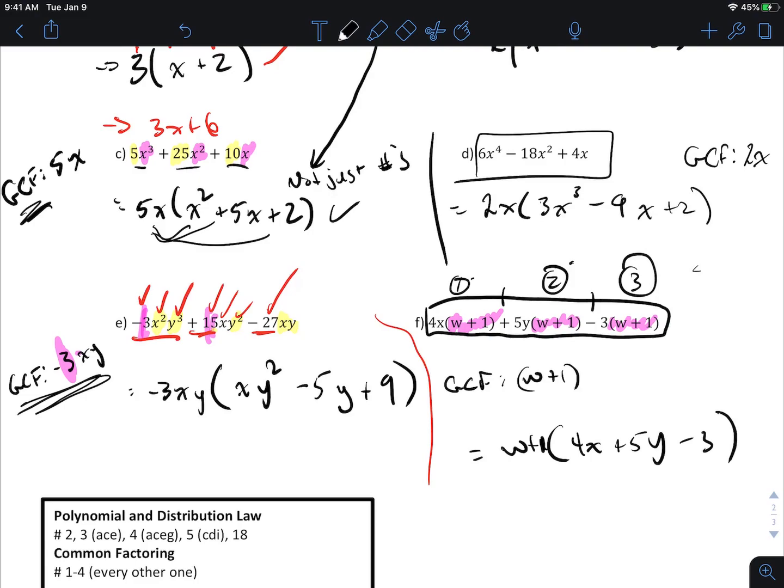But if you put W plus 1 back in, wouldn't it not work the way that we've been taught? What, like this? No, like, if you multiplied it back through to check your answer. What, individually? Like this? We could do that if you wanted. But wouldn't you end up with 4x W? Wouldn't you also get that if you expanded it here?